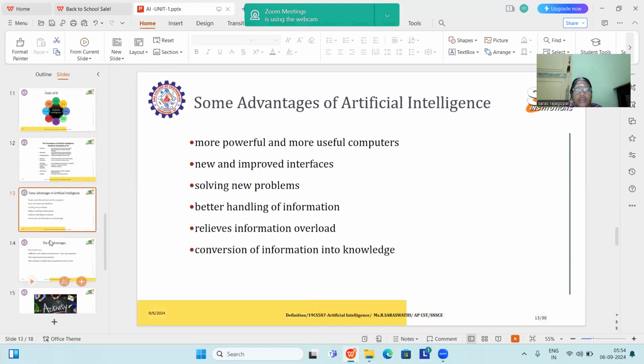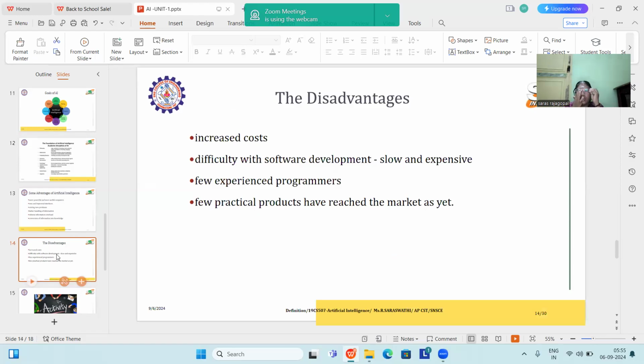Some of the advantages of artificial intelligence. There are more powerful and more useful computers, new and improved interfaces, solving new problems, and better handling of information, and relieving information overload. Conversion of information into knowledge. In this AI, there are many different disadvantages. First one is difficulty with software development.